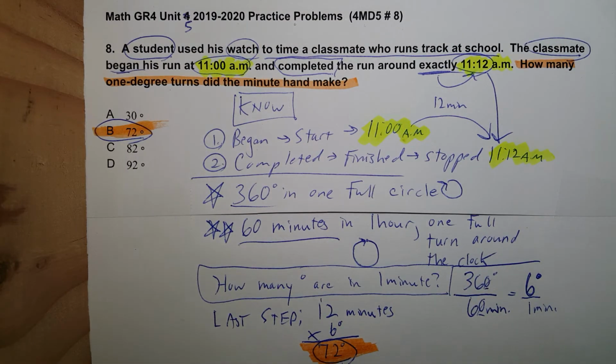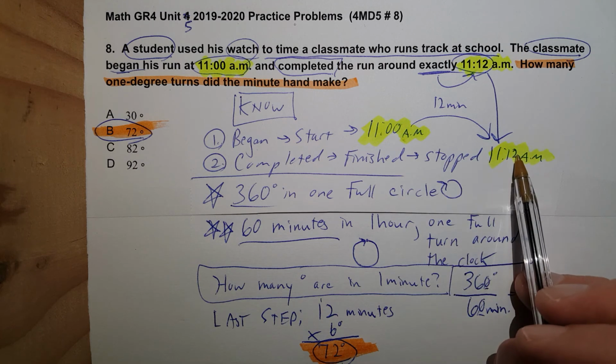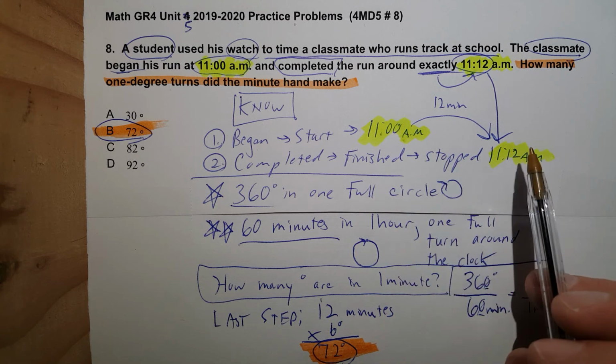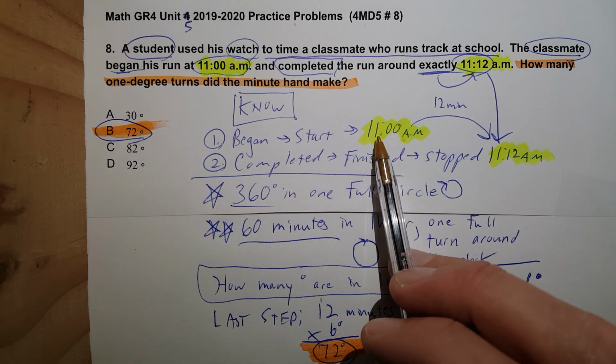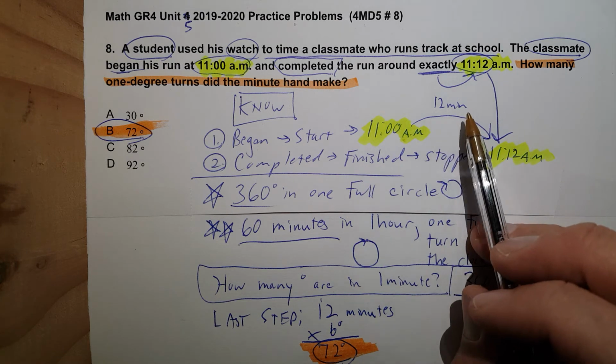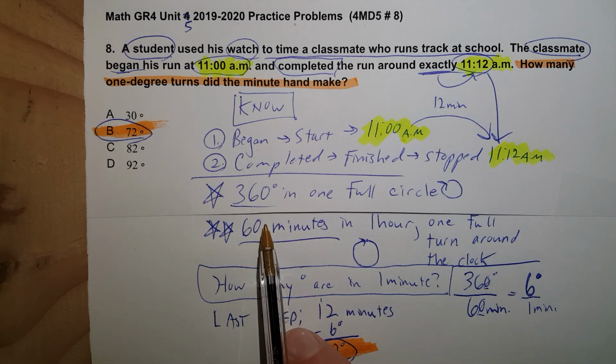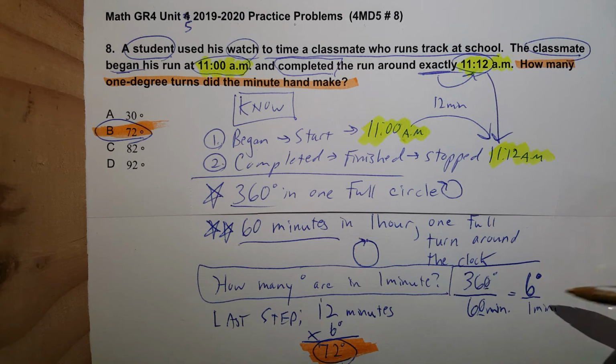So let's summarize. Whenever you are finished solving a problem, go back, summarize what's important. First, you need to calculate how many minutes long the run was. We know from 11 to 11:12 was 12 minutes. Second, to convert it to degrees, I know from all this information that 6 degrees is 1 minute.